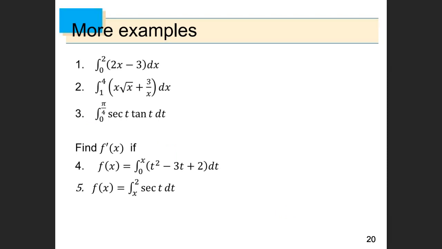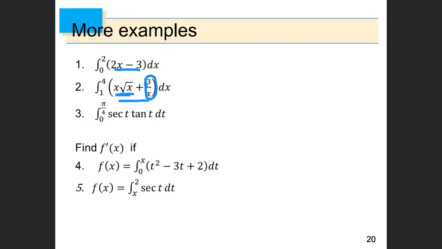Now, there are more examples for you. As usual, just get the antiderivative and apply fundamental theorem of calculus part 2. That says you evaluate this function at the upper bound minus the lower bound. Remember, if you integrate 3 over x, you just have 3 times ln absolute value of x. And then here, apply your exponent rules.